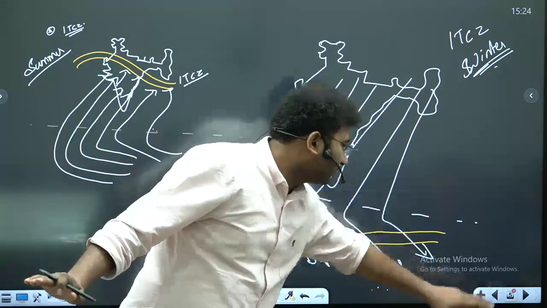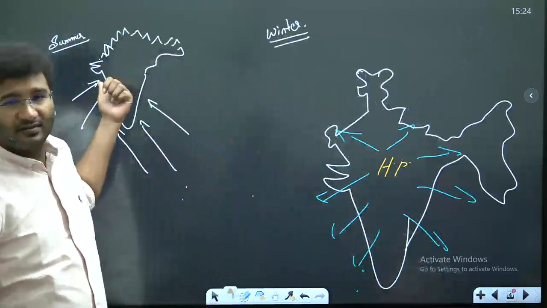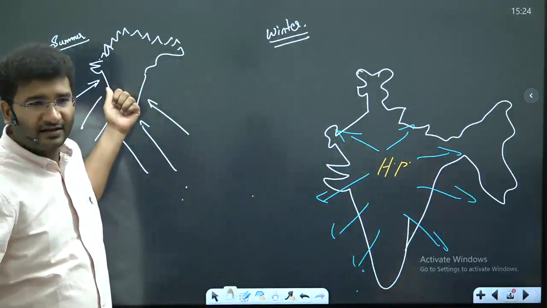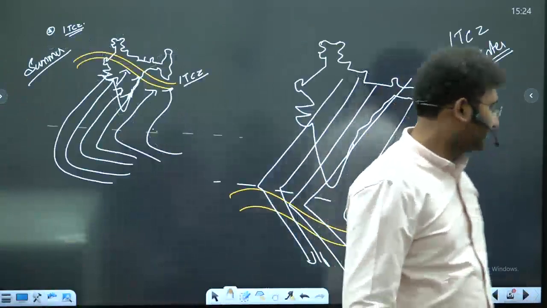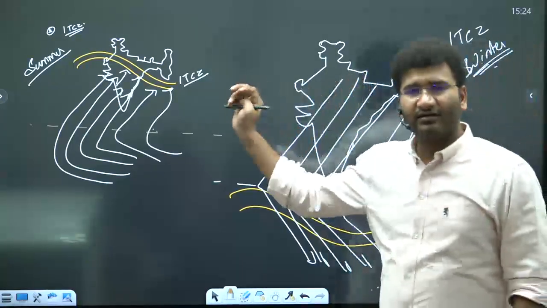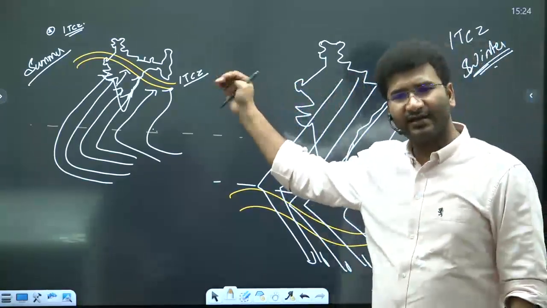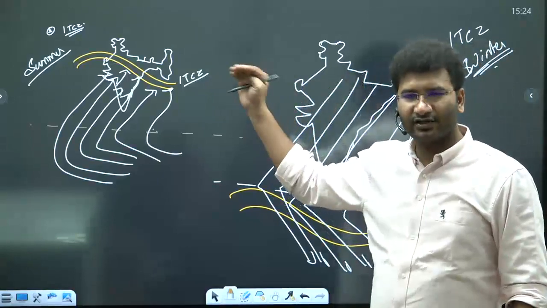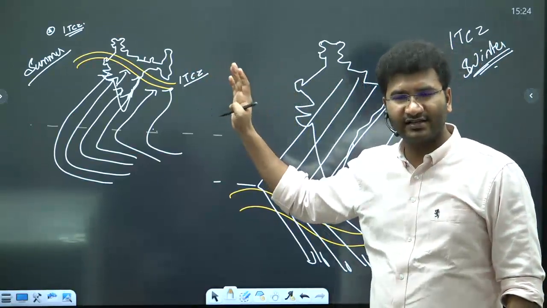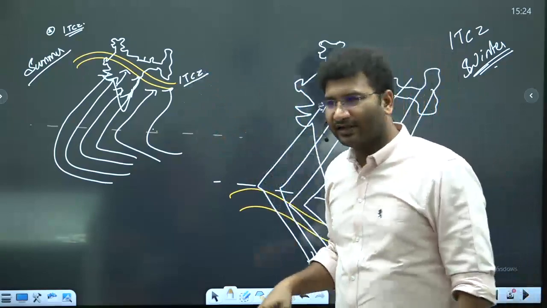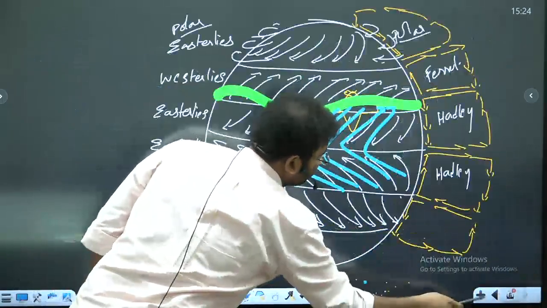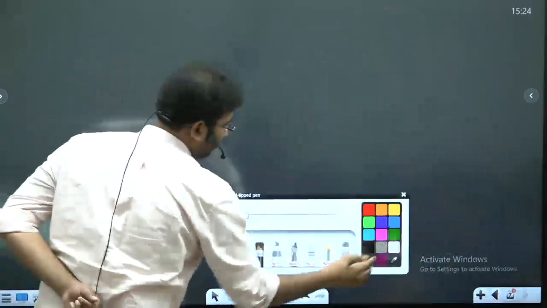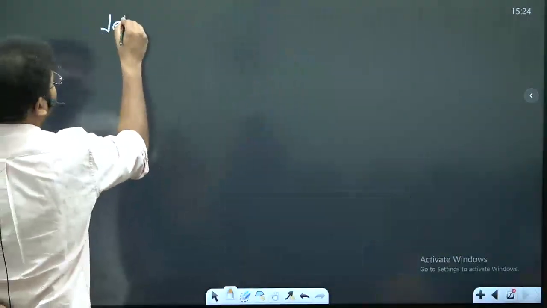So the old theories are: one, continental land heating and cooling of the land. This is the first theory. The second theory is the ITCZ zone, but this is not 100% false. There is an element of truth. Near about 30 to 40% of the concept of ITCZ is true. Now coming to the modern theories, the modern theory is nothing but the jet stream.